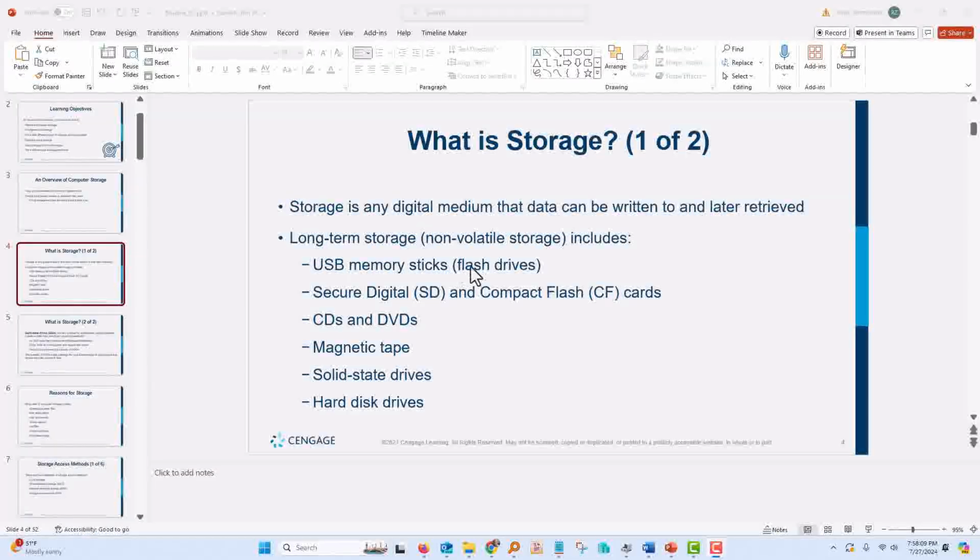We have USB memory sticks or flash drives, as you know them, thumb drives. They go by a whole array of different names: secure digital and compact flash. All of those are forms of digital storage or solid state storage or electrical storage.